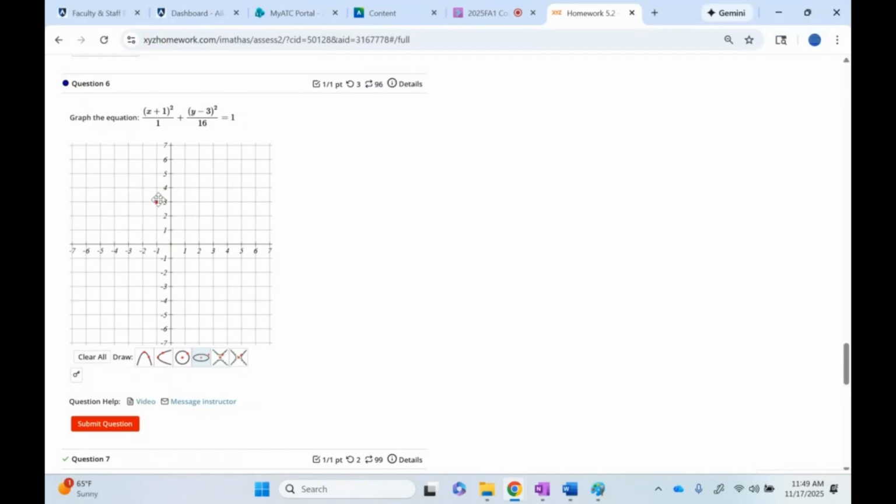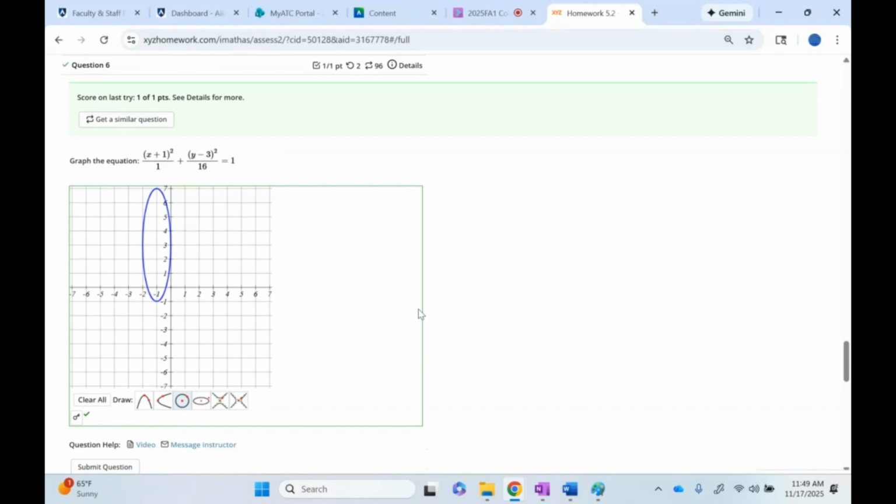Keep in mind that the center is straight away from the origin. Since this has a vertical major axis, I'm going to go down 4, 1, 2, 3, 4, 1 place to the right, and then that should be the graph. So graphing's not too hard. Just plot the center and move along the major axis first. All right.